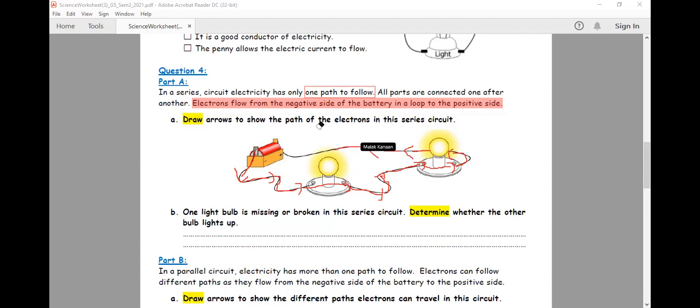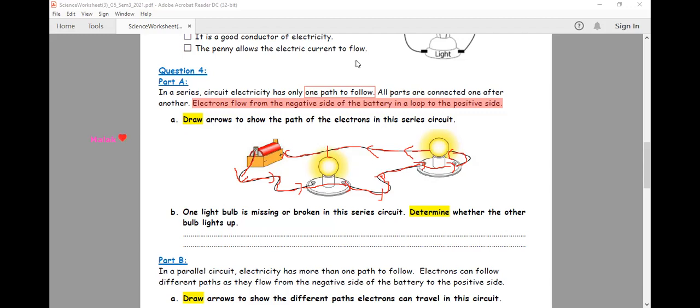Amazing job, ya Malak. What you did is excellent. Bravo. So electrons leave the negative side of the battery to the positive side of the battery.